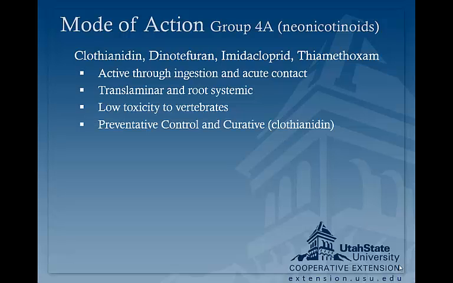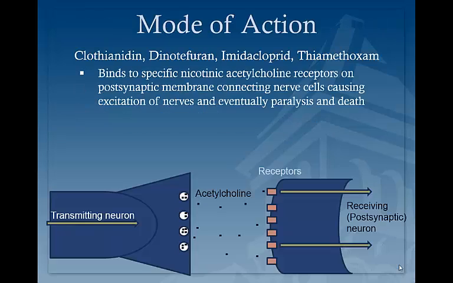There is systemic activity by these products, so you can use them preventatively. You can apply them early, get them absorbed into the plant, and so when the insects are there and they feed, then they're ingesting the product. They can also be used as a curative control as well. So when they contact the insect, there can be some activity there as well.